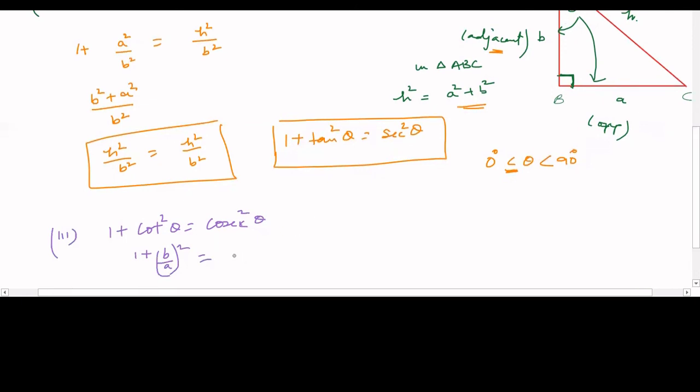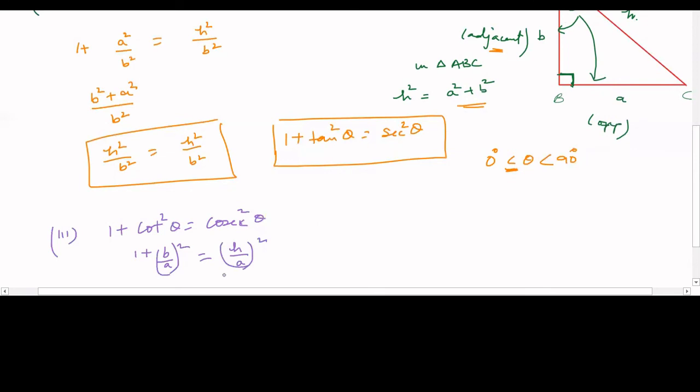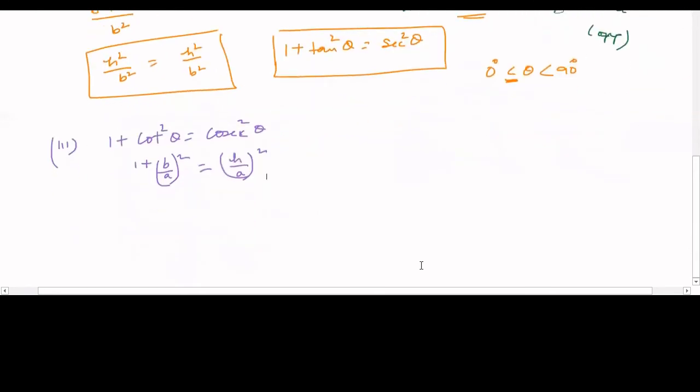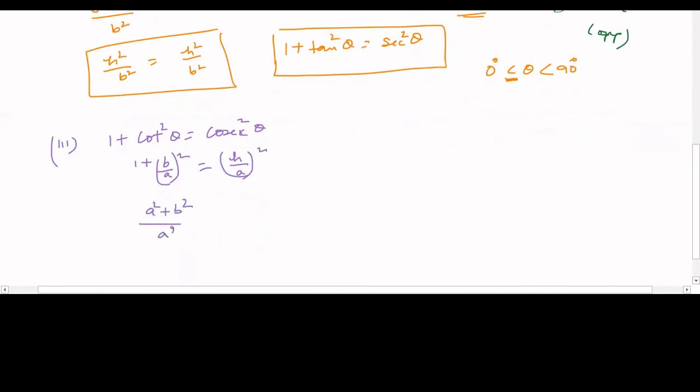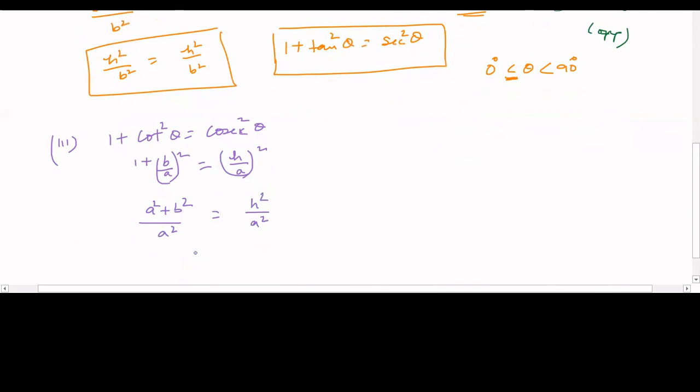Cosec is the reciprocal of sine, which is the ratio of hypotenuse H over the perpendicular, which is A in this case, squared. So this finally becomes A squared plus B squared over A squared, and the other side is H squared over A squared.